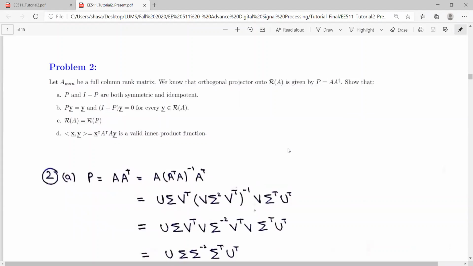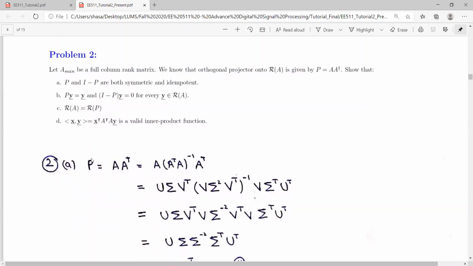using EVD. So we have defined our projection operator P using a pseudo inverse. Since it's a tall matrix, the pseudo inverse expression is equivalent to this.